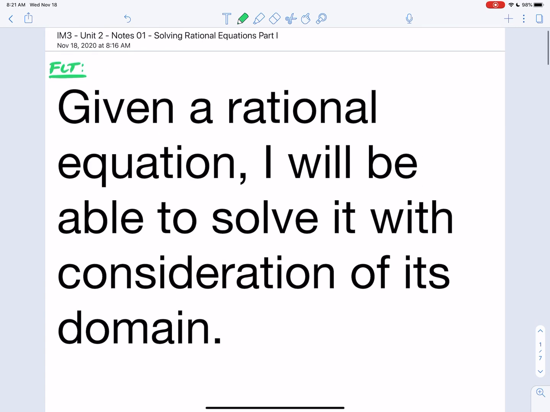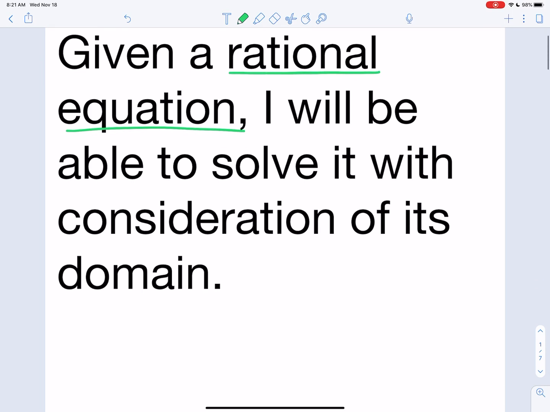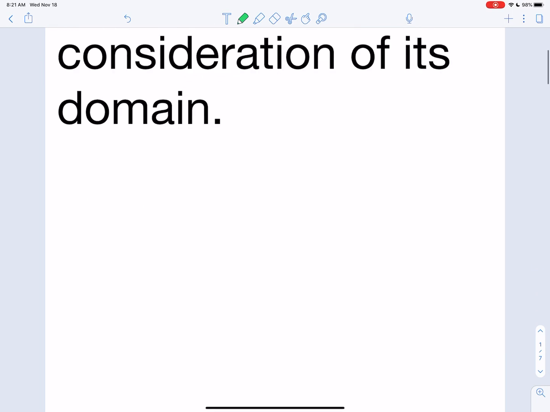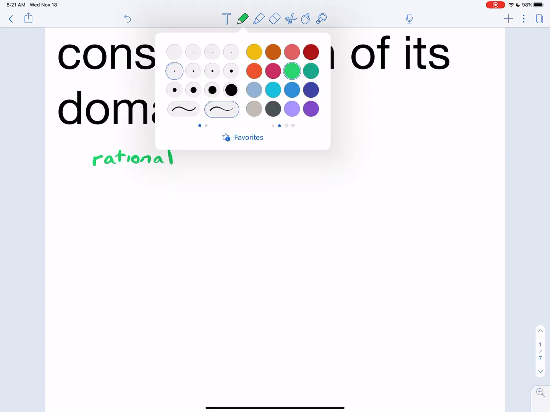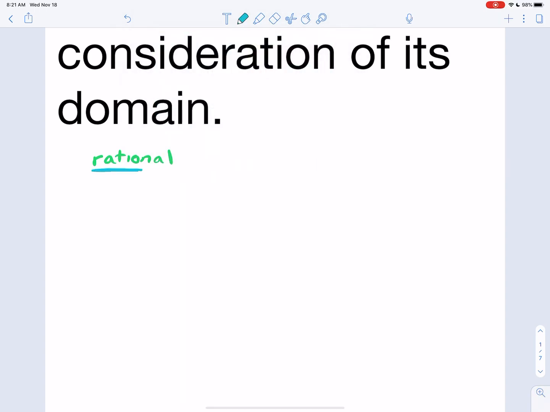First, what are rational equations? The word rational comes from the word ratio. You might have heard that word before. A ratio is like, let's see, for every 2 strawberries, there's 1 blueberry.